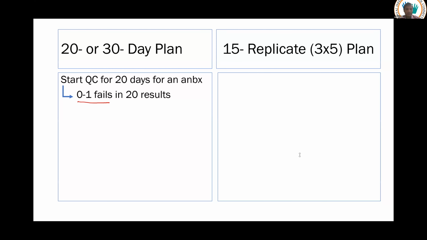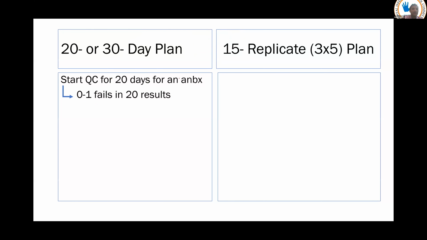Yes, so I am repeating. You want to test amikacin against ATCC E. coli. So you go for a 20-30 days plan, where first you test for 20 days and you will have 20 results of amikacin E. coli.